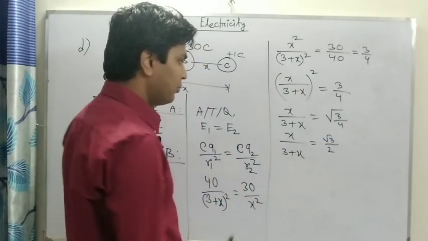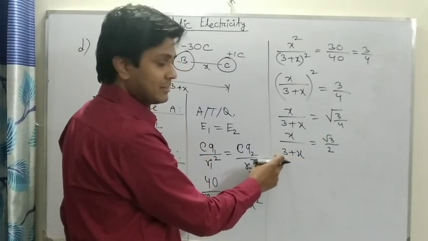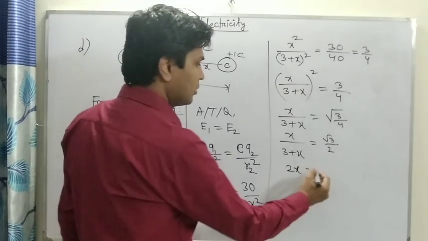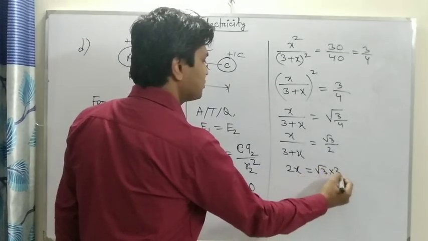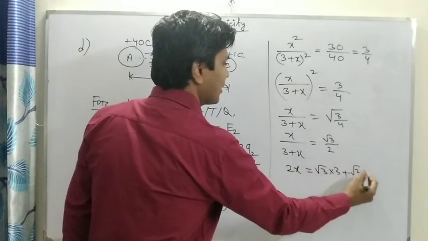Now, if we multiply 2 with x and root over 3 with 3 plus x, then we can write 2x equal to root over 3 into 3 plus root over 3 into x.